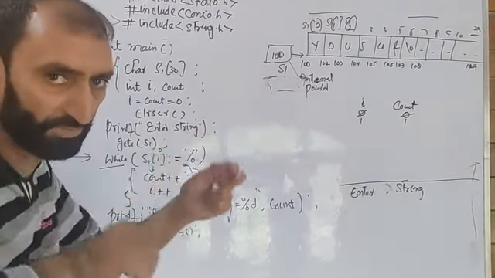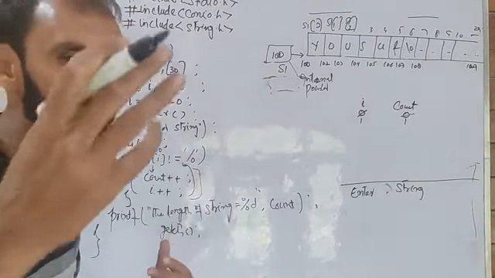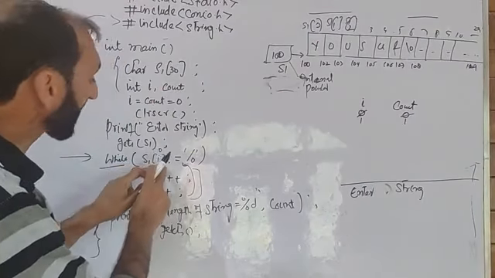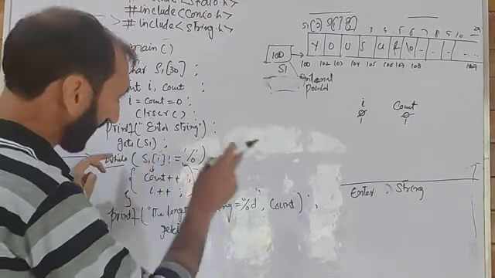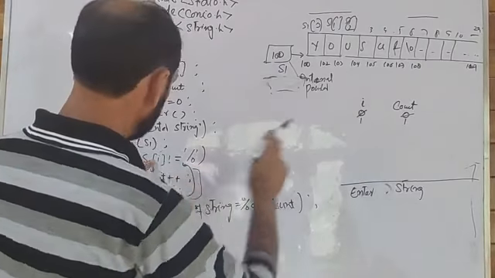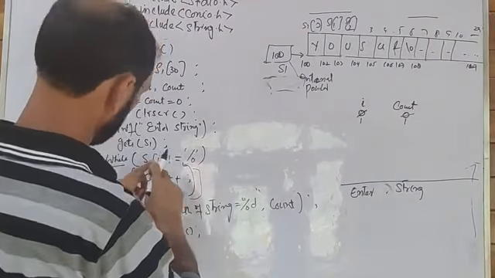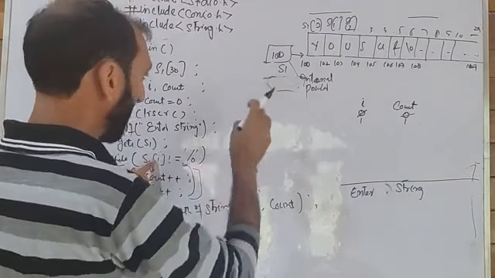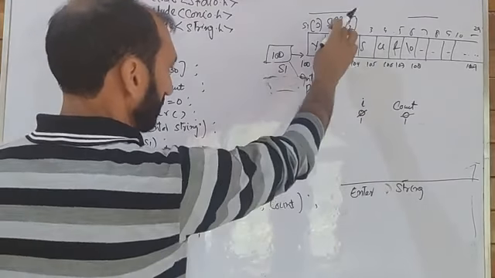We have already discussed the loops in the previous video. s1 of I, at present I is 1, that means the character present at index 1, that is this one.